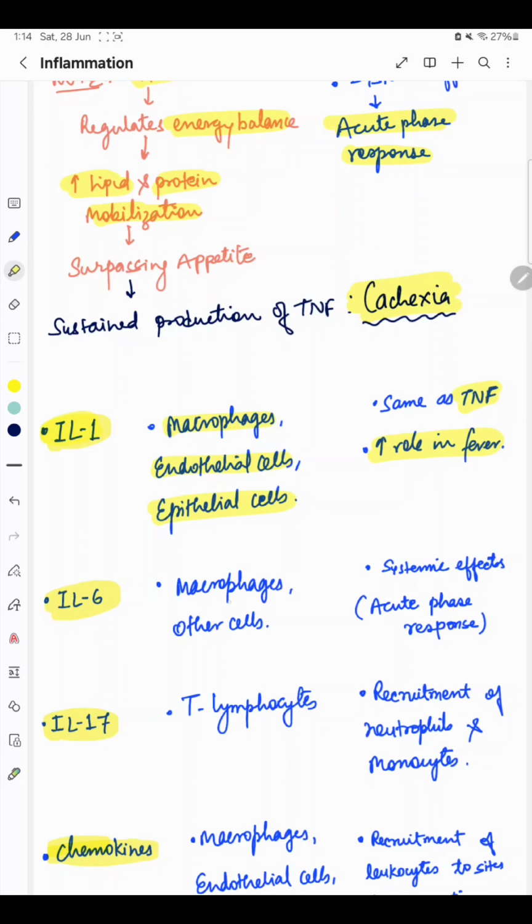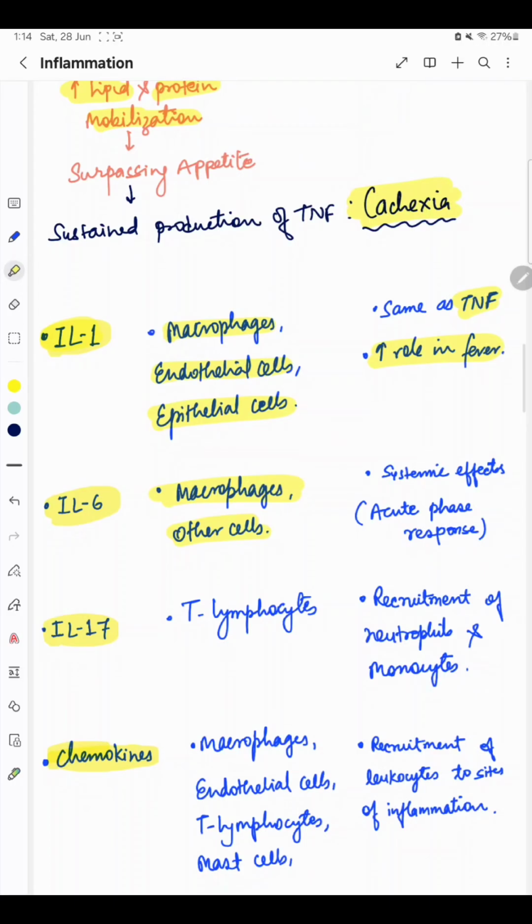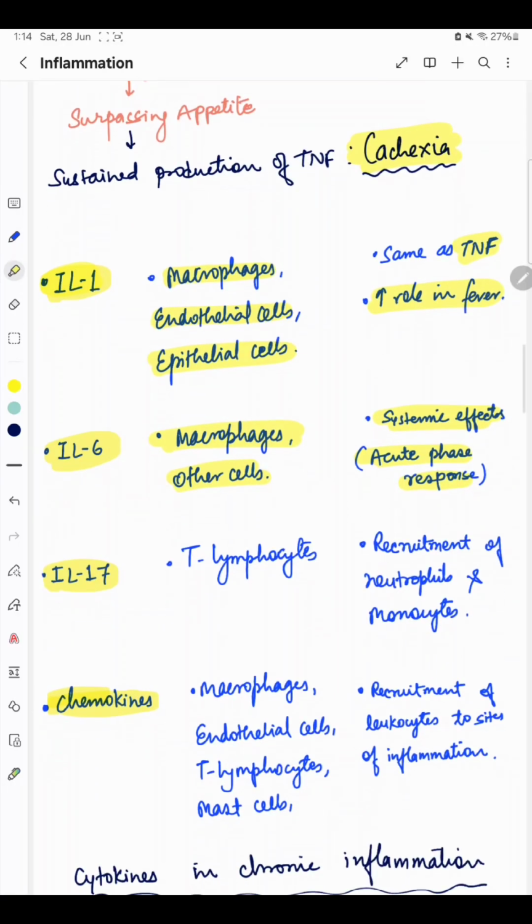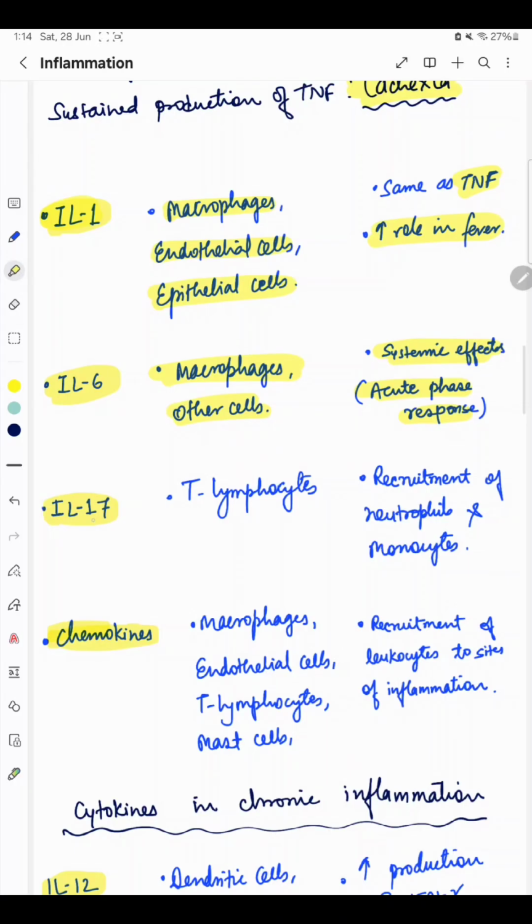Interleukin 6, released by macrophages and some other cells, is particularly important in acute phase response and systemic effects, which we will discuss later on. Interleukin 17, released by the T lymphocytes, helps in recruitment of neutrophils and monocytes.